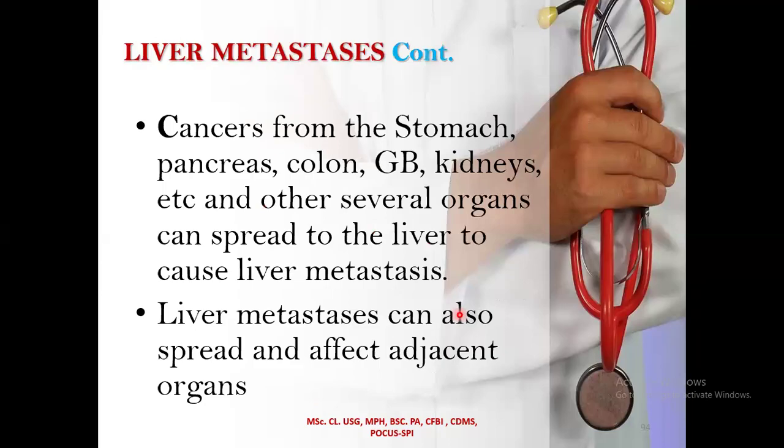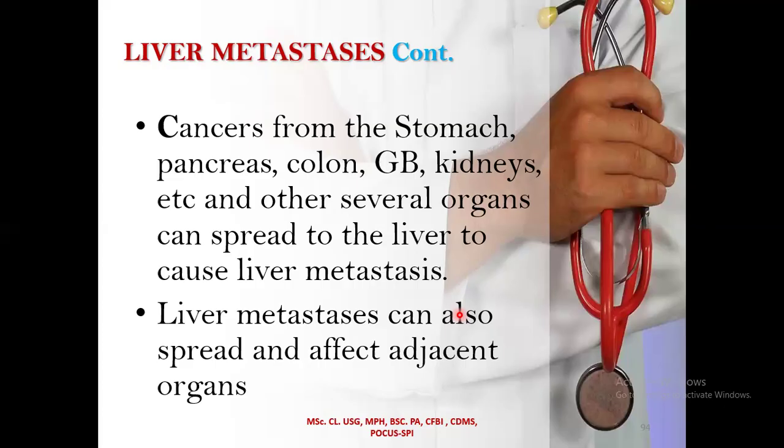Cancers from the stomach. So which organs, when afflicted with cancer, can move fast to the liver? These are the organs. So the regular students, take note of these organs: stomach, pancreas, colon, gallbladder, kidneys, and several other organs can spread to the liver to cause liver metastasis.